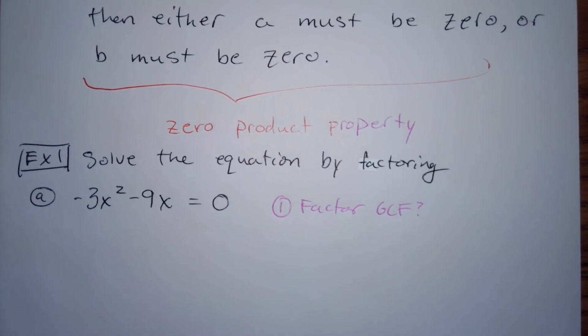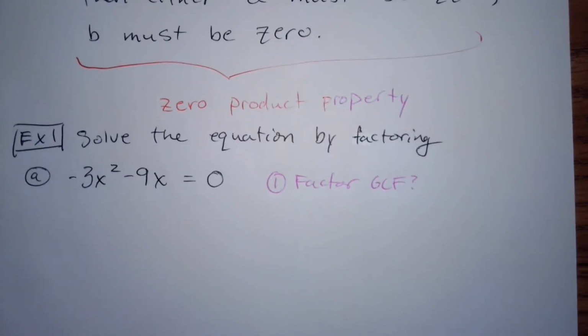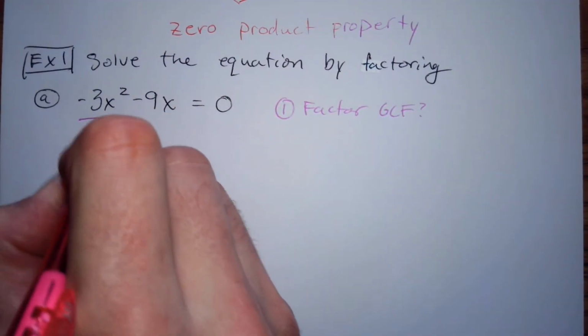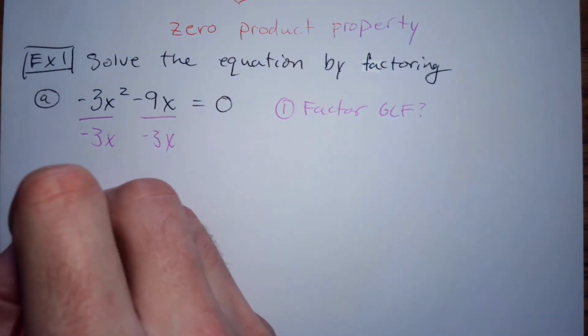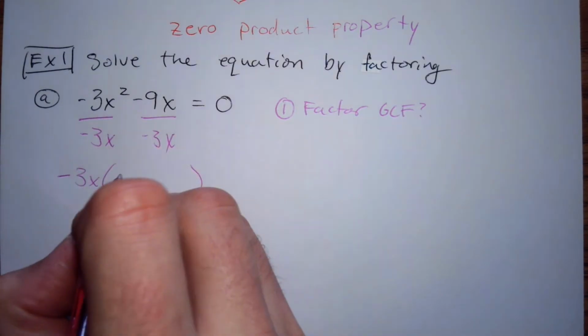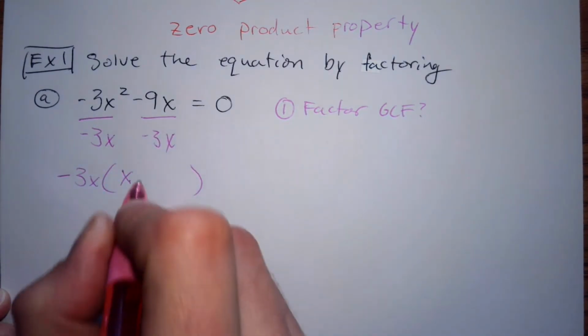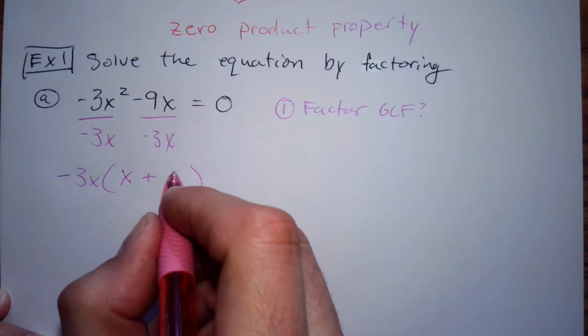Sometimes it'll work, sometimes it won't. Factor out a GCF. In this case, it does, and you can divide by negative 3x. Whatever you divide by goes on the outside of the parentheses, same things that we've been doing before. Then we get just regular x plus 3.